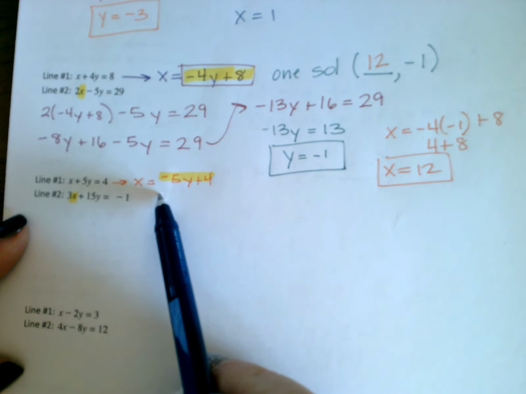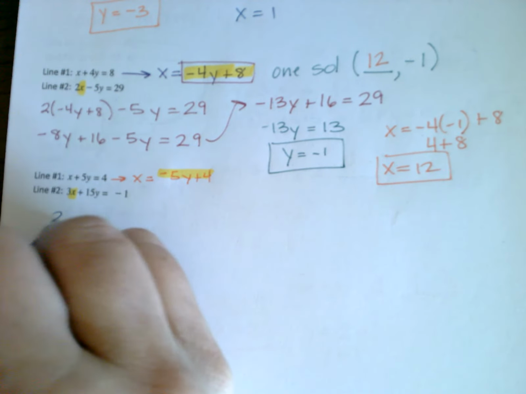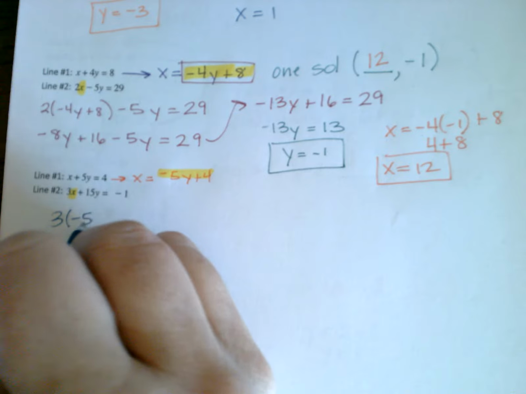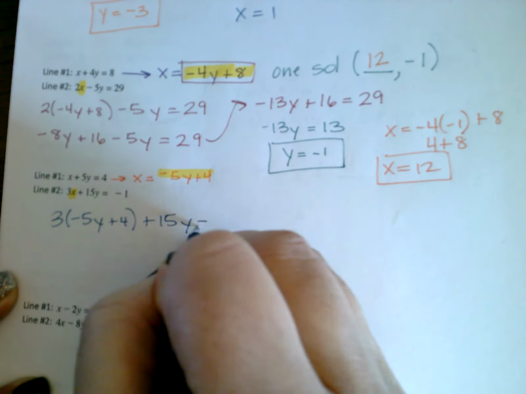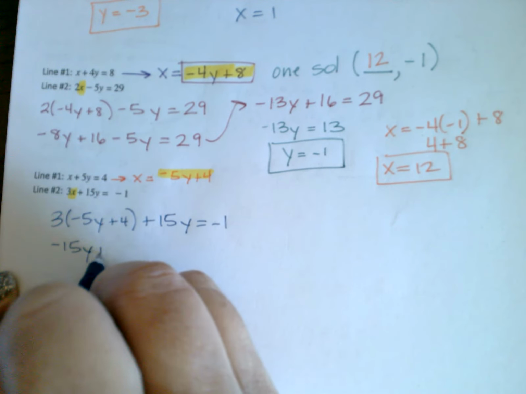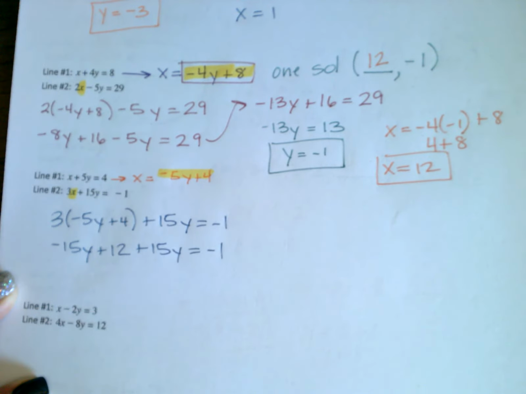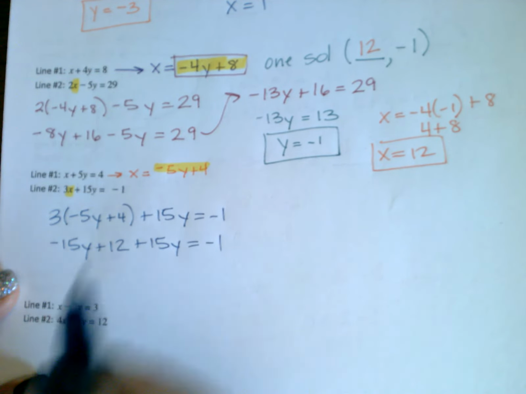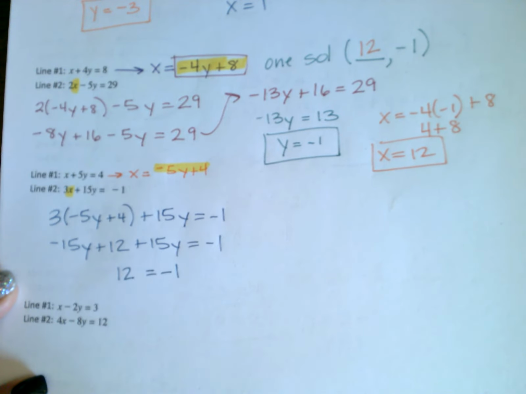Thank you for pausing. I decided to take the first equation, manipulate it around to set it equal to x. I will substitute that into the second equation. I distribute. I have to combine like terms.